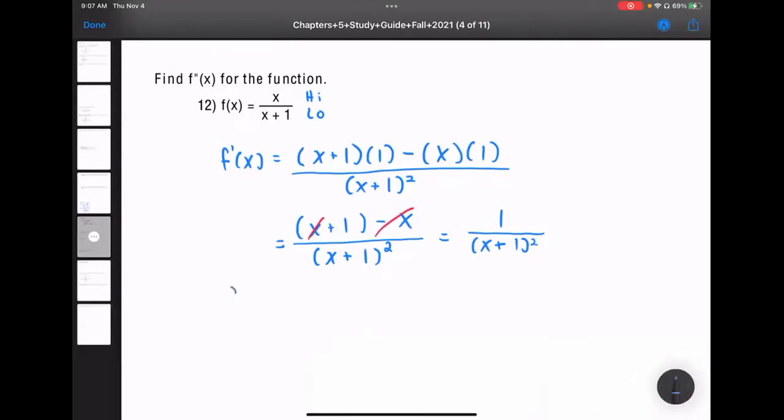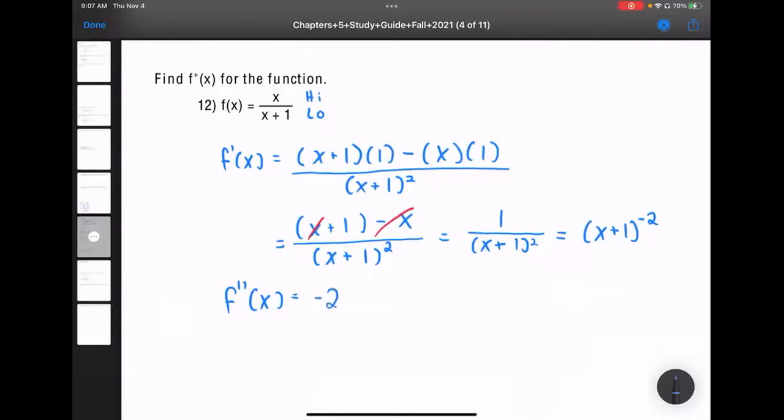And now we take the second derivative. And we can see that we could just rewrite this function here as (x plus 1) to the negative second power, because there's nothing in the numerator that has an x value, it's just a 1. And so here we'll do the chain rule.